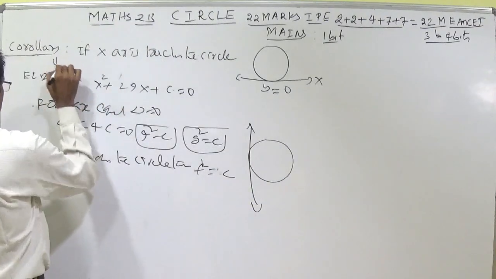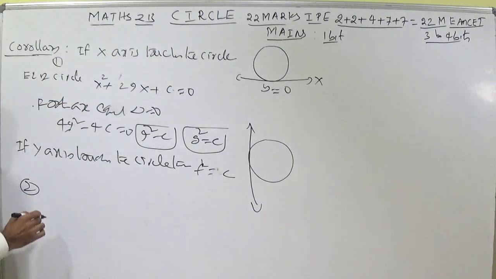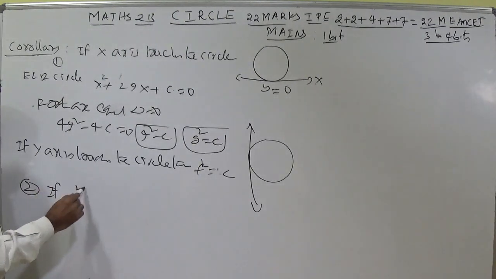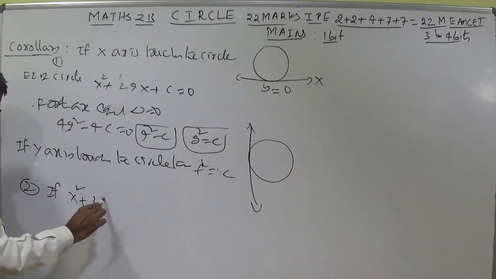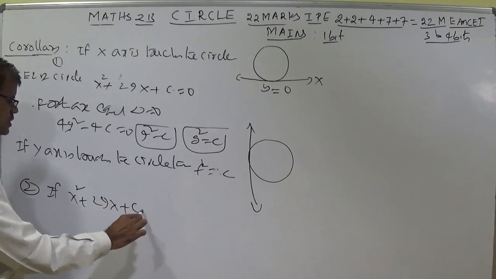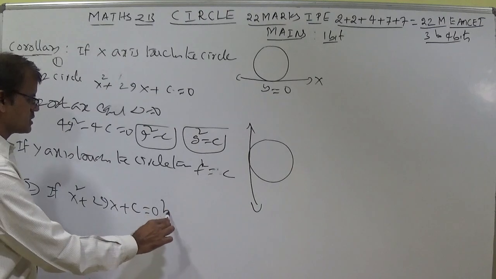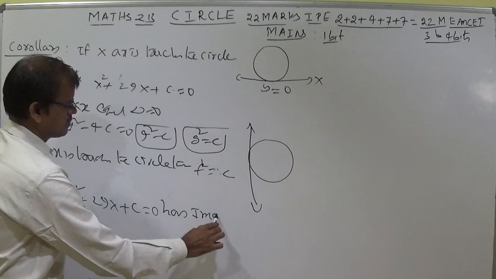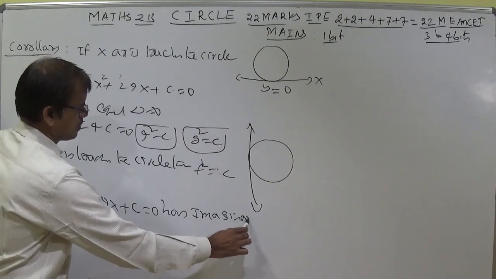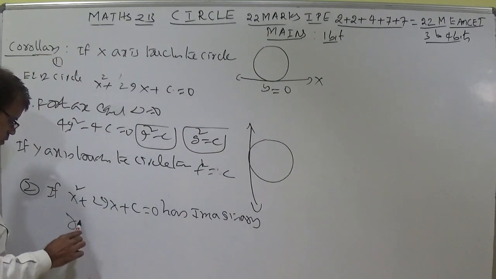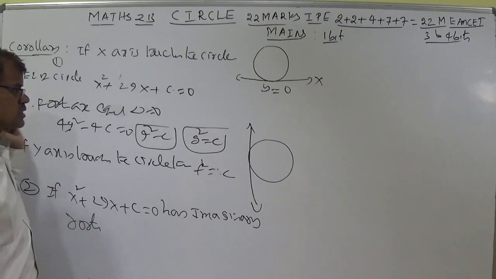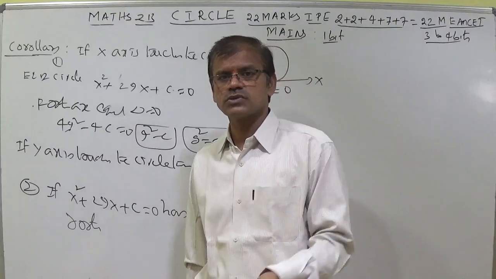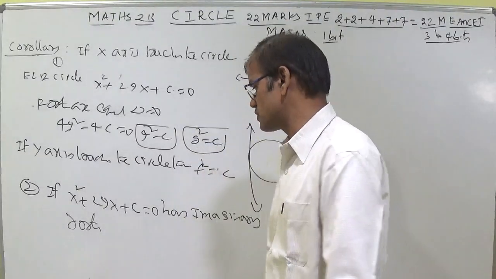Next, this is corollary 1. Corollary 2 I am writing. If the quadratic equation x square plus 2gx plus c equal to 0 has imaginary roots. A quadratic equation has 3 conditions: first, real and distinct; second, equal roots; third, imaginary or complex roots.